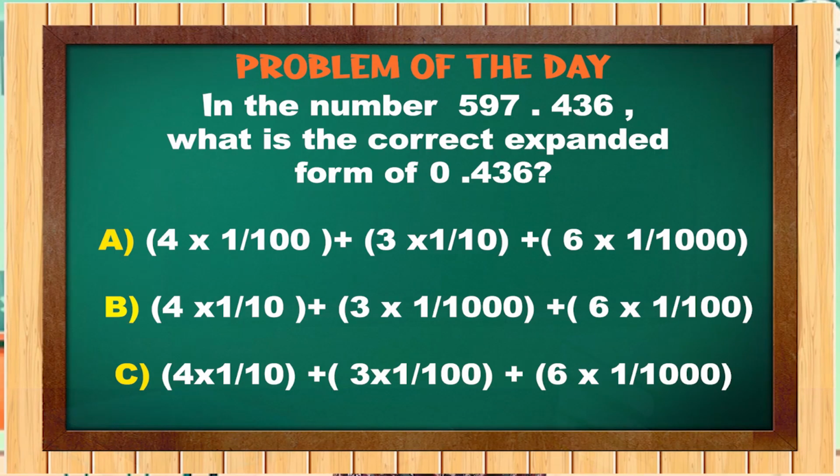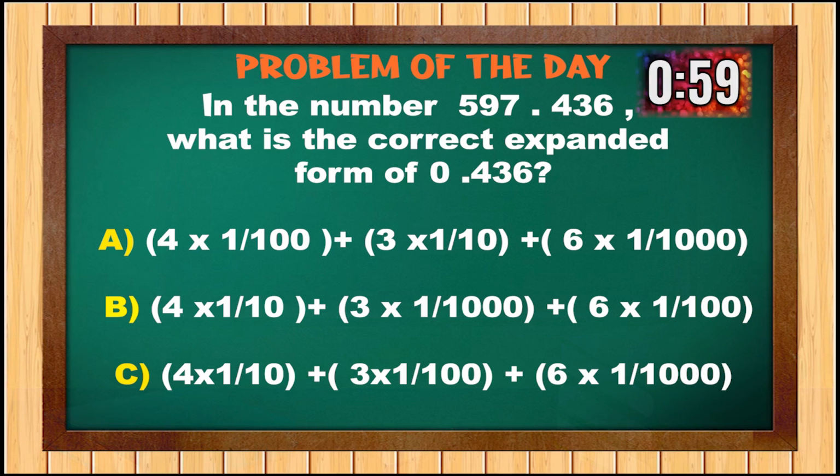The problem of today, in the number 597 and 436 thousandths, what is the correct expanded form of 436 thousandths? Take a minute and do this, and we'll meet right back here to work it out.